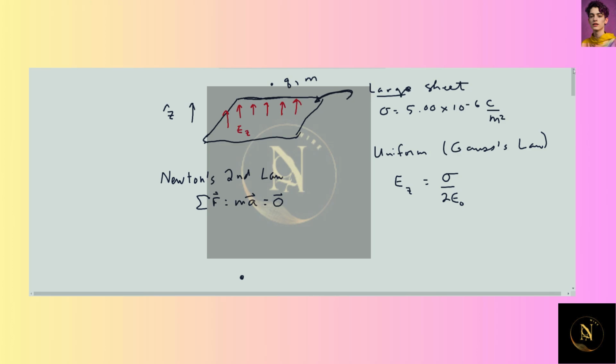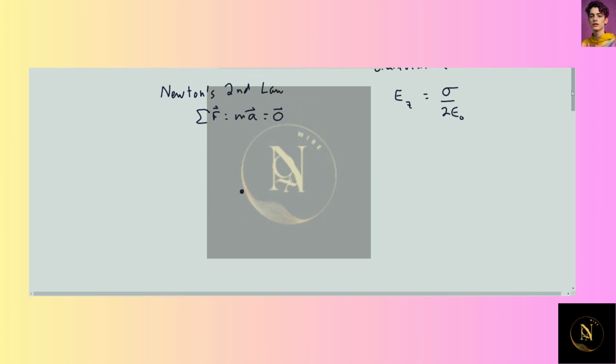And the charge then will feel an electric force upwards equal to Q times the electric field in the Z direction. And like usual, there will be weight downwards. And we must have those things equal to each other.